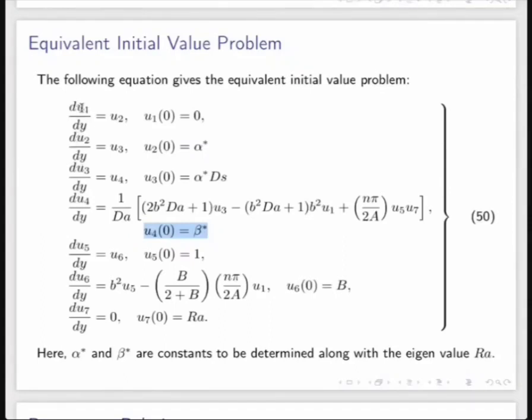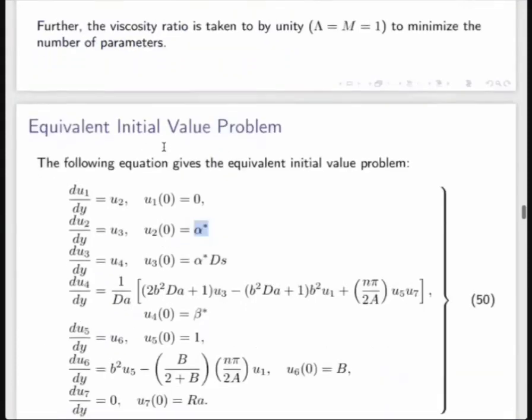Remember, u1 is the variable f, u2 is the first derivative, u3 is the second derivative of f, and so on, and u5 is the variable theta, and u6 is the first derivative of theta, and u7 is the Rayleigh number. Okay, and so Ra is also an unknown, beta star is also an unknown, alpha star is also an unknown.